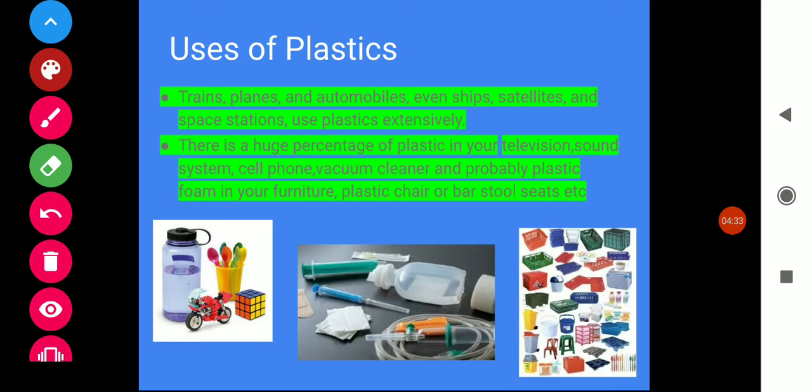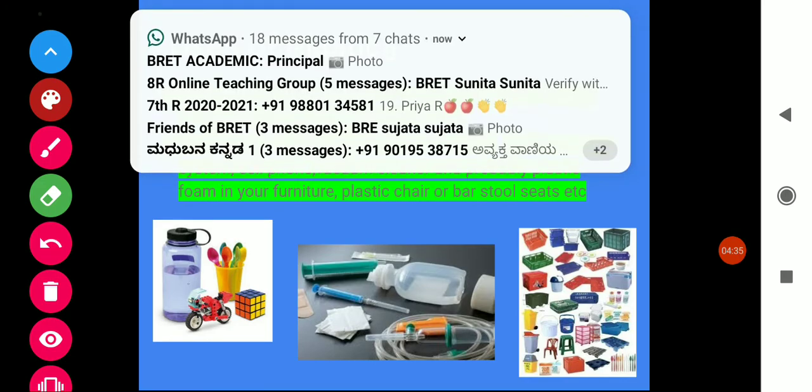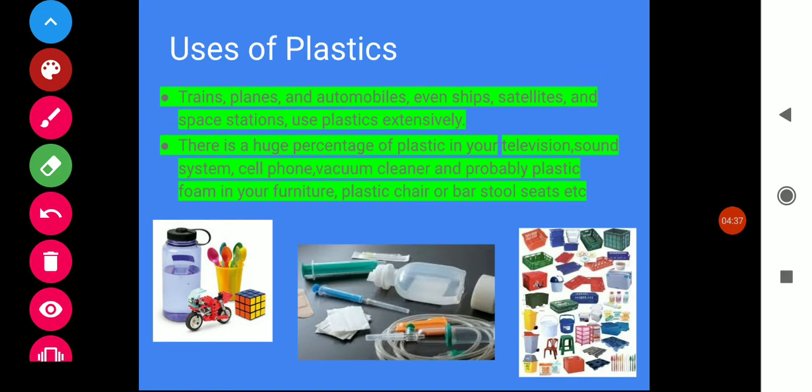Then where do you use these plastics? What are the uses of these plastics? So there are varieties of uses of plastics. In the trains, in the planes, in automobiles, and also in the ships, satellites, and in space stations. So these plastics are used extensively.